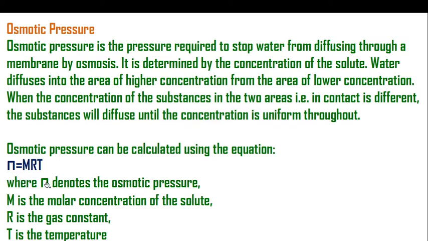The pi denotes the osmotic pressure, m is the molar concentration, meaning how many molecules are present within a solvent, R is the gas constant, T is the temperature which is going to fluctuate.